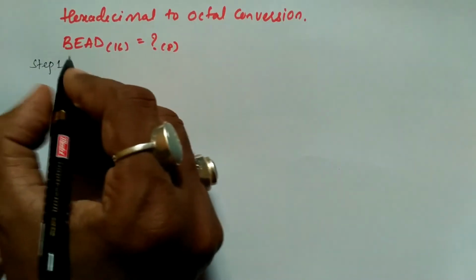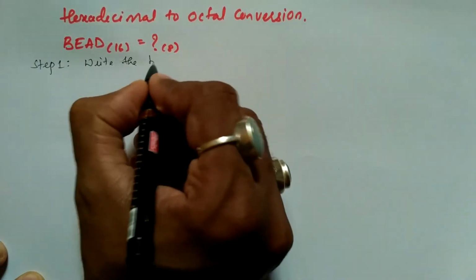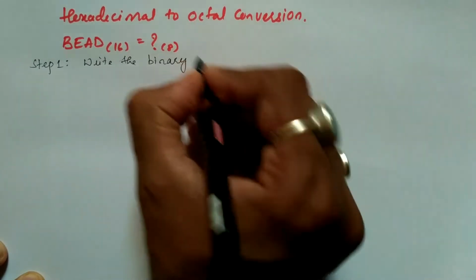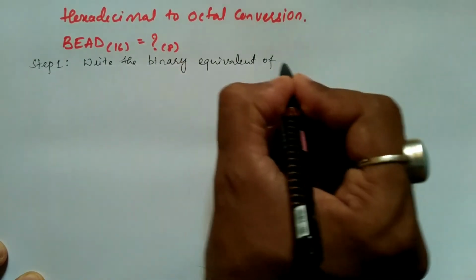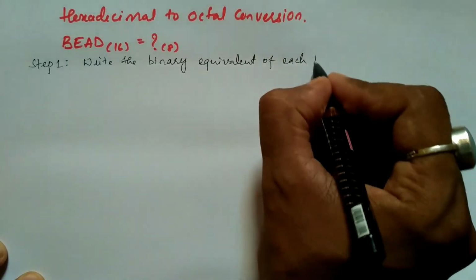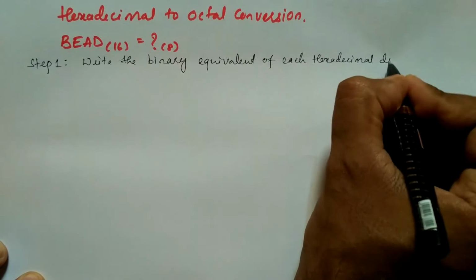Here I am going to write step 1: write the binary equivalent of each hexadecimal digit.